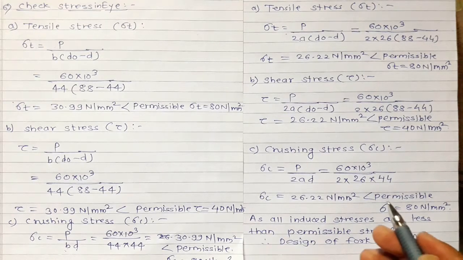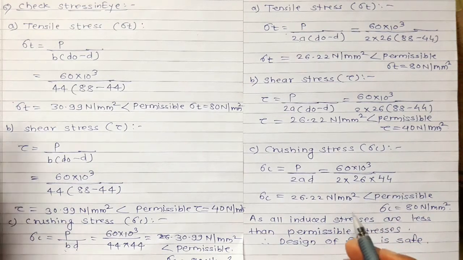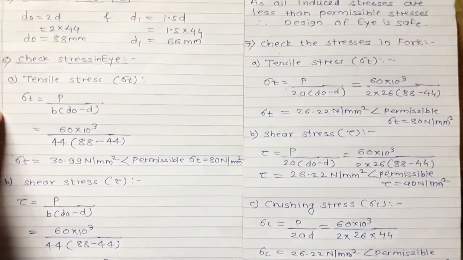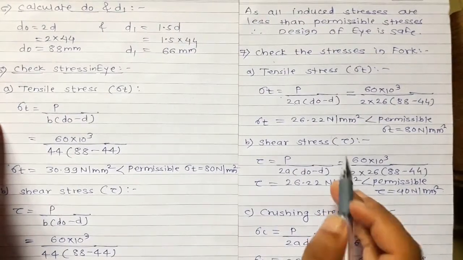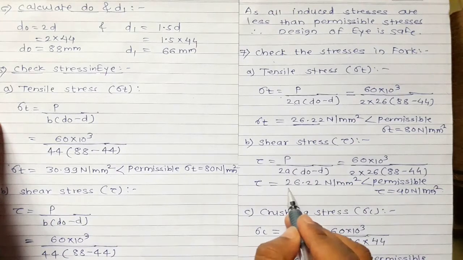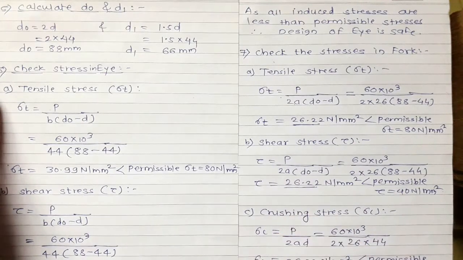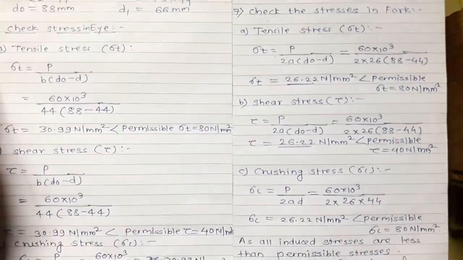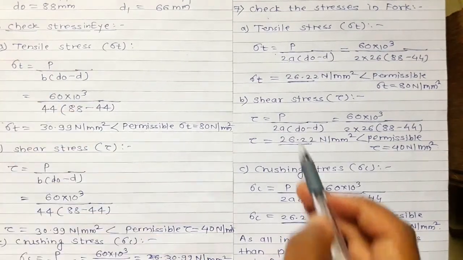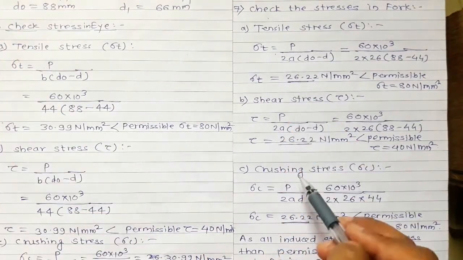And remember, important point here, the values of stresses for fork are same. That is, the induced tensile stress is 26.22, induced shear stress is also 26.22, and induced compressive stress is also 26.22. That means the answer of all the stresses for fork are same.